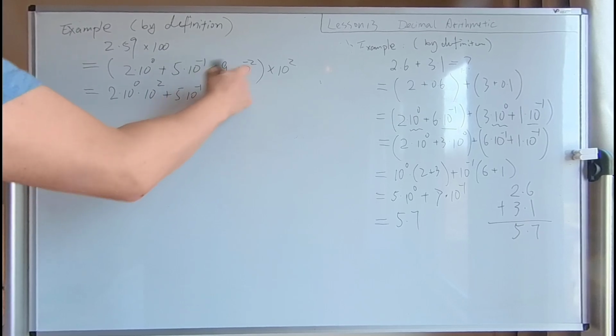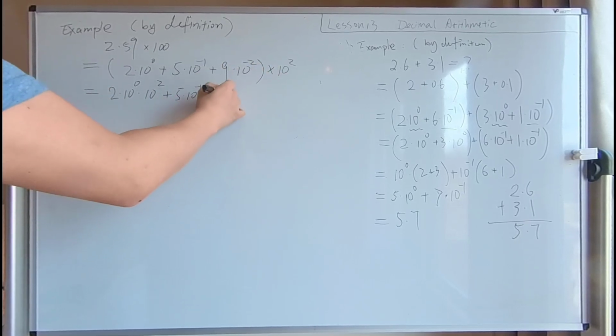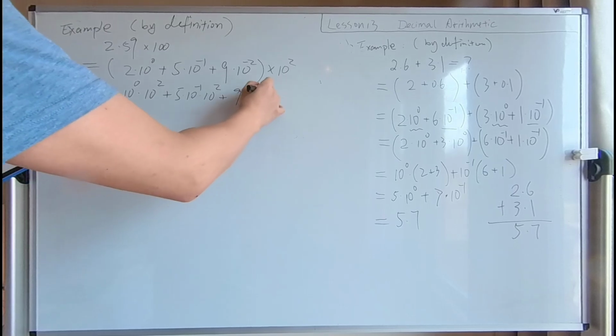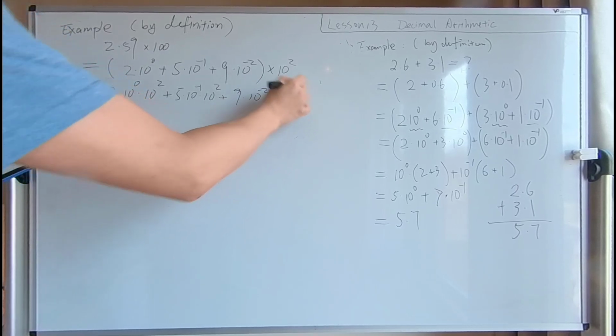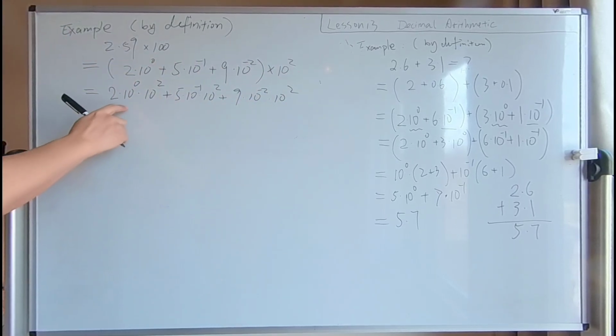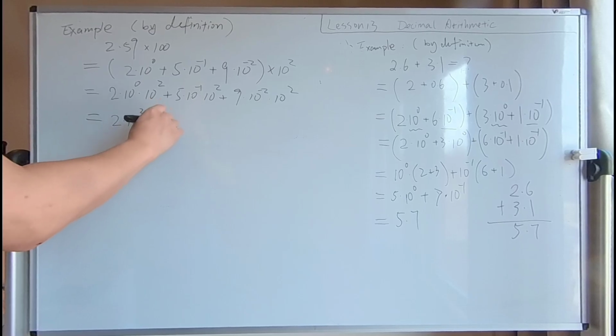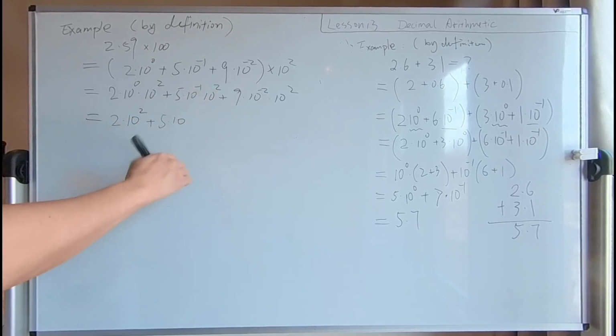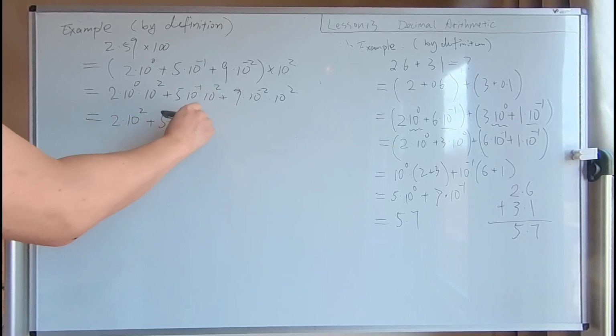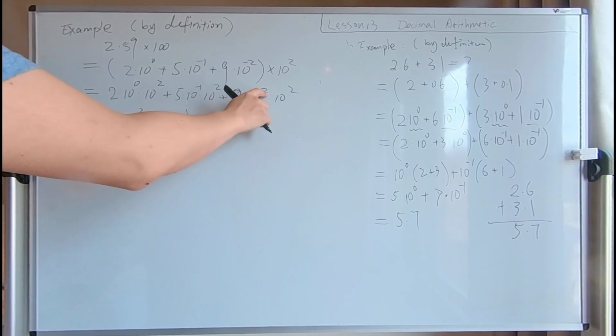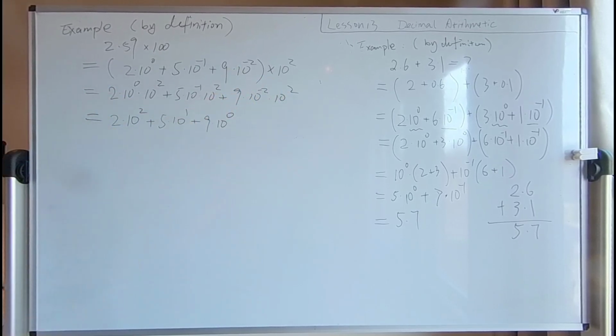I'm distributing this 10 squared to each term. And then I'm having exponents with the same base. That's what we learned from the exponent, that if you have the same base, then the powers are added. So 0 plus 2 is 2. This is minus 1 plus 2 is 1. Minus 2 plus 2 is 0.